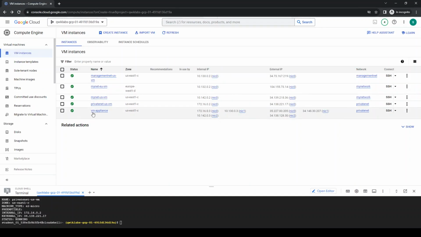to this VM here. We're going to SSH. And to authorize.